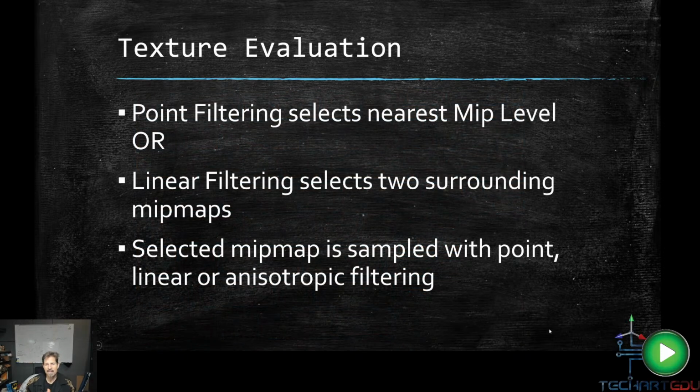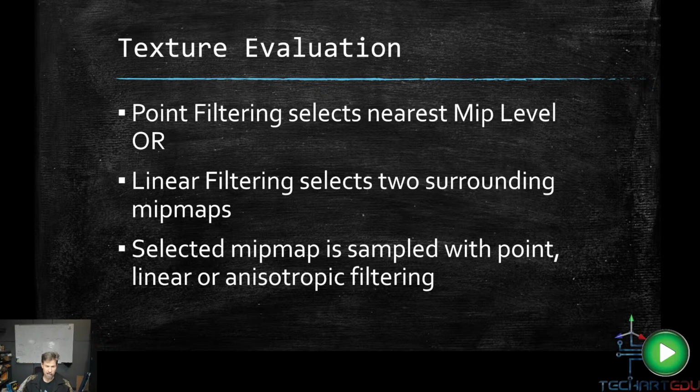Now we have to figure out how to evaluate which MIP map to use. Do we use a larger MIP map or a smaller one? Because most probably the pixel value is going to lie somewhere in between. We have two different techniques for doing our MIP mapping evaluation.